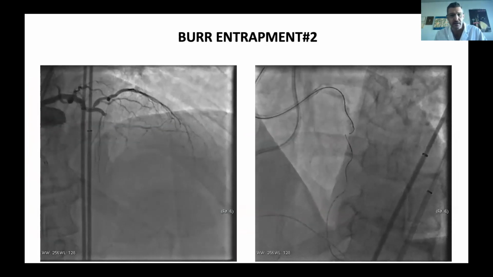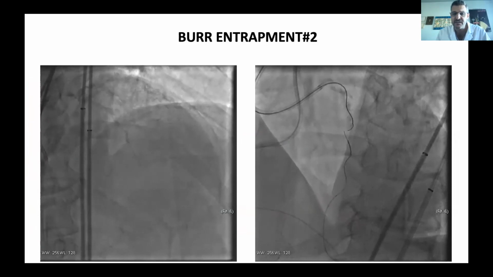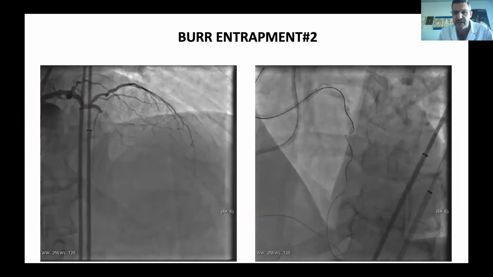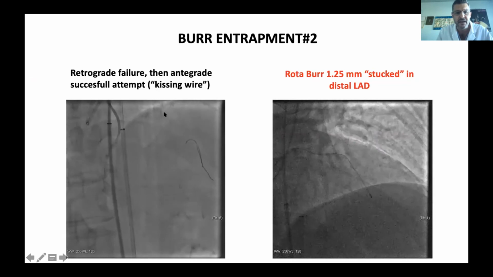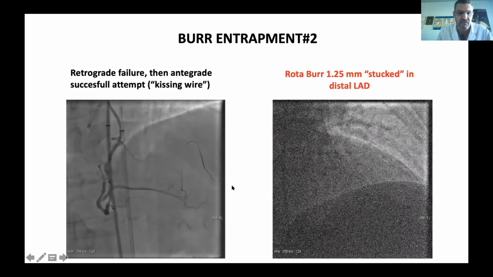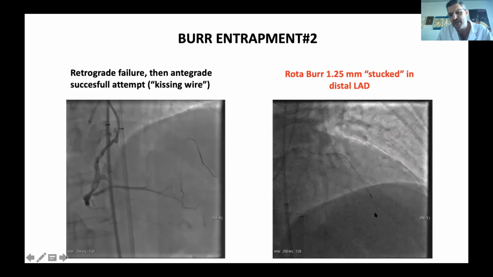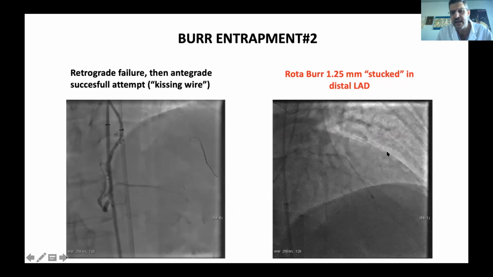This is the other case in which this technique was not applied, and the operator decided to use a different technique. It was a very calcified LAD CTO. Finally, he went antegrade, using the retrograde technique as a landmark technique. He performed rotablation and the burr got stuck in the distal LAD.